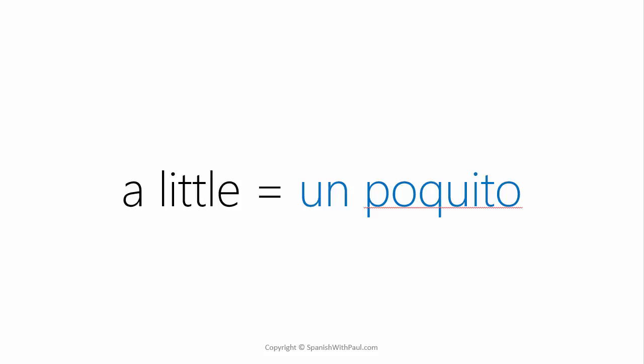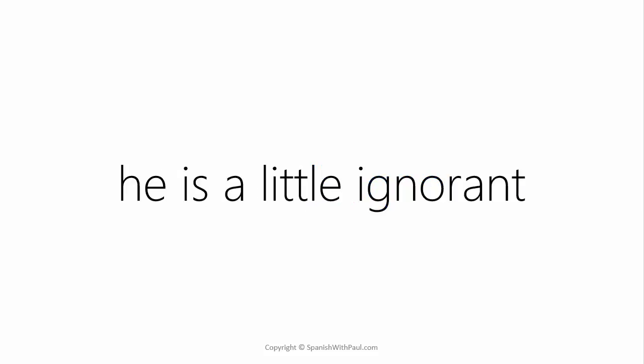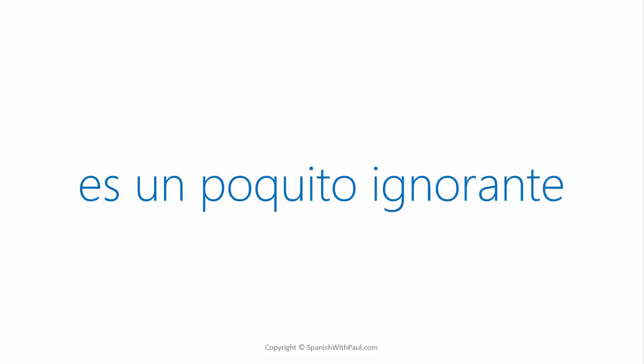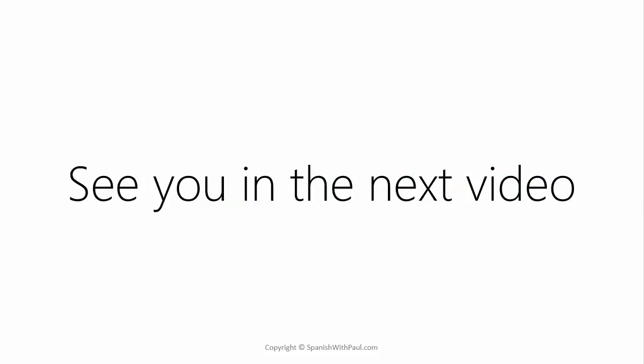You can choose to use either one. So how would you say, he is a little ignorant? Es un poquito ignorante, or es un poco ignorante. So that's it for category 6, and I'll see you in the next video where we'll be into category 7.